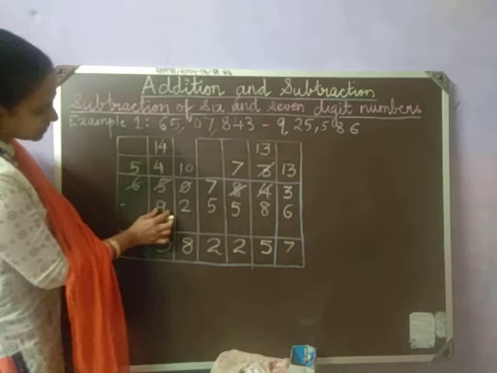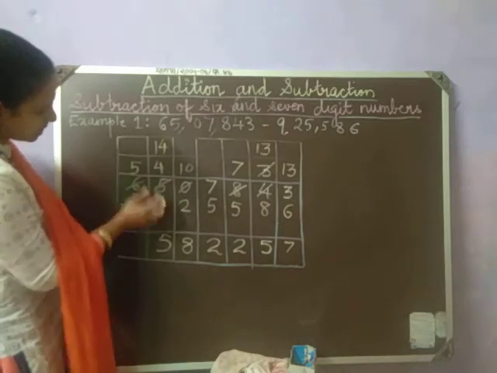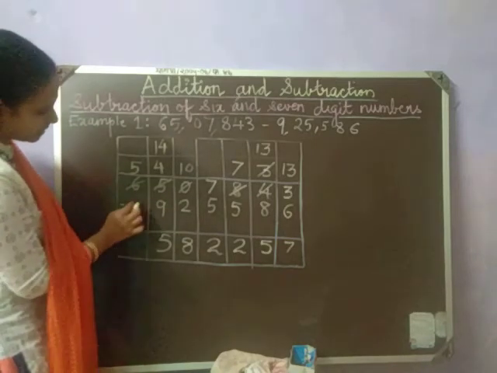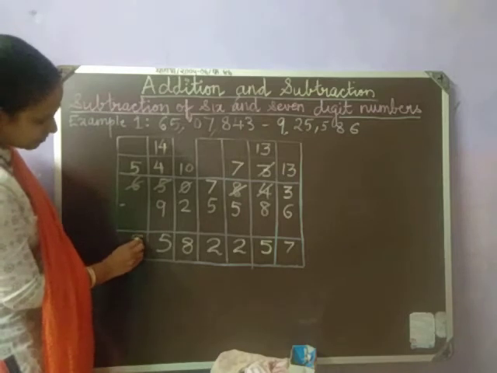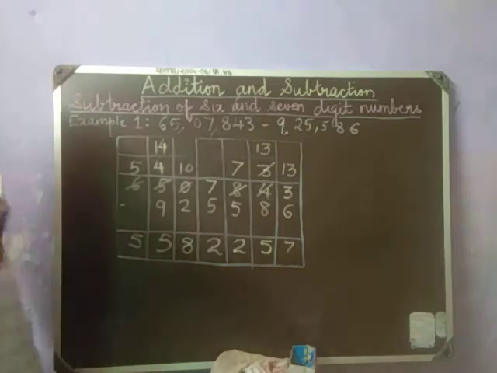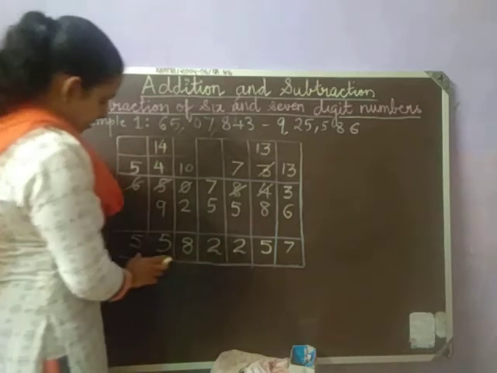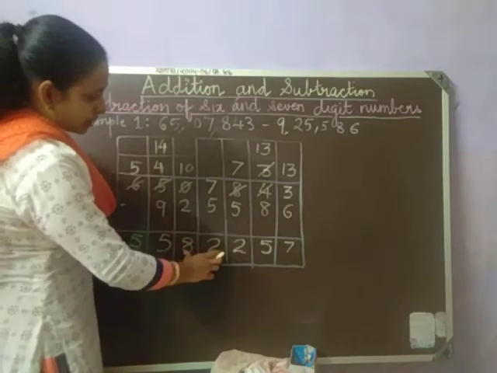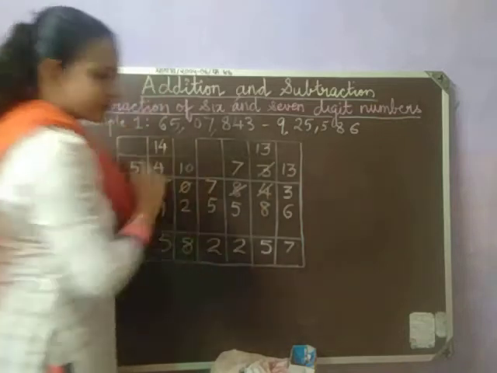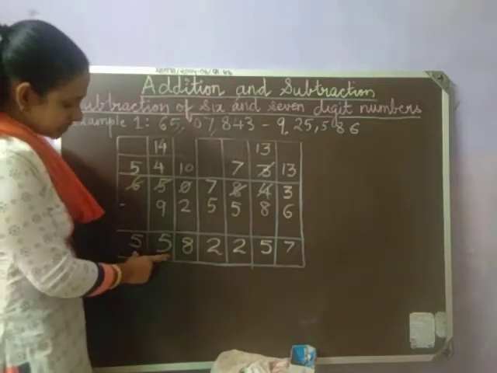So 14 minus 9 is 5. And what is remaining here? 5. And there is no number. So 5 minus nothing means the same number remains here. So we are getting the answer now as 55,82,257. Okay, so again it's a 7-digit number.